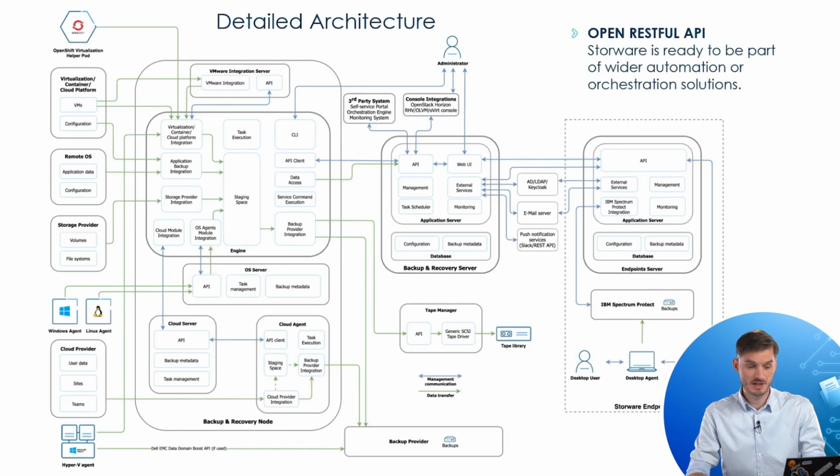Now, let me take you to a detail level architecture. I know a lot is going on here on the slide, so let me briefly describe what you can see over there. Let's start with the middle. Here is a Storware backup and recovery server. Let's call it the heart. Here, the administrator is using the web UI to manage and schedule tasks and to monitor tasks which are executed through the API by a node.